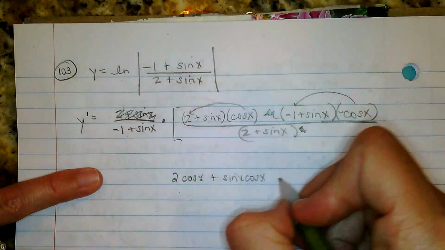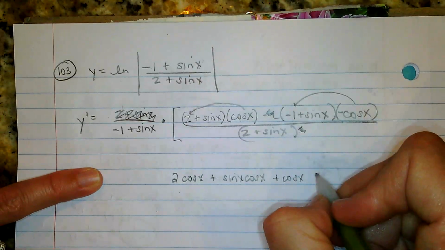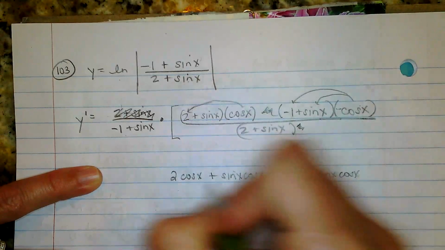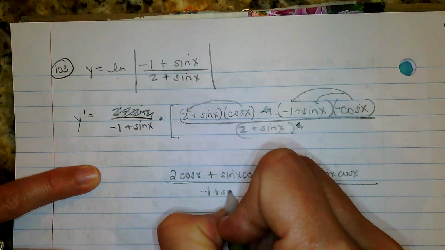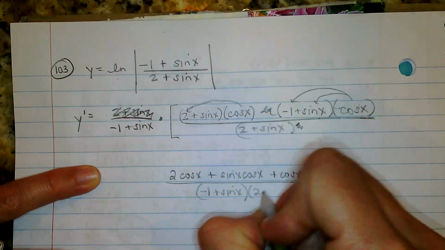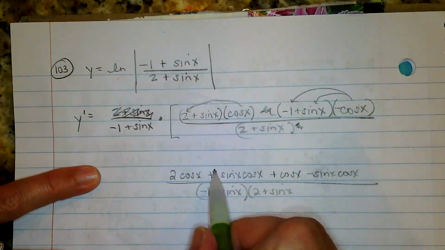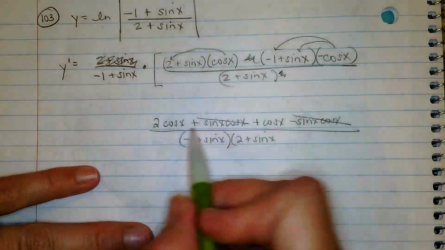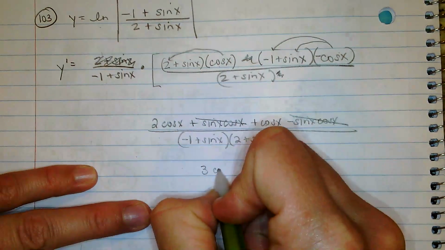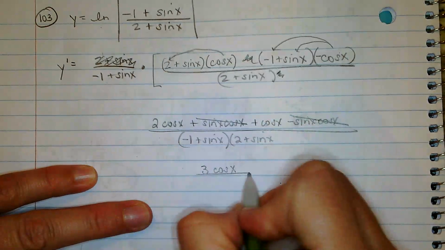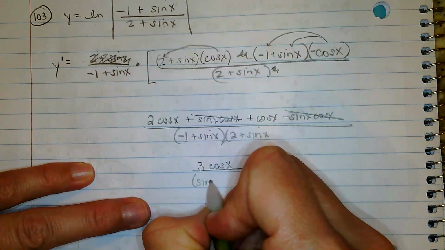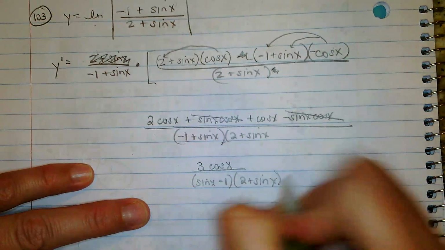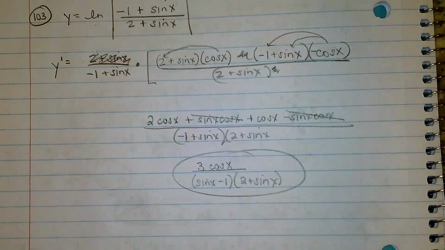So plus cosine x minus sine x cosine x all over negative 1 plus sine x and 2 plus sine x. And we get a plus sine x cosine x minus sine x cosine x. That's going to cancel. Total on top is 3 cosine x over, this can be written as sine x minus 1 and 2 plus sine x, which is the answer in the back of the book. So we're good there.